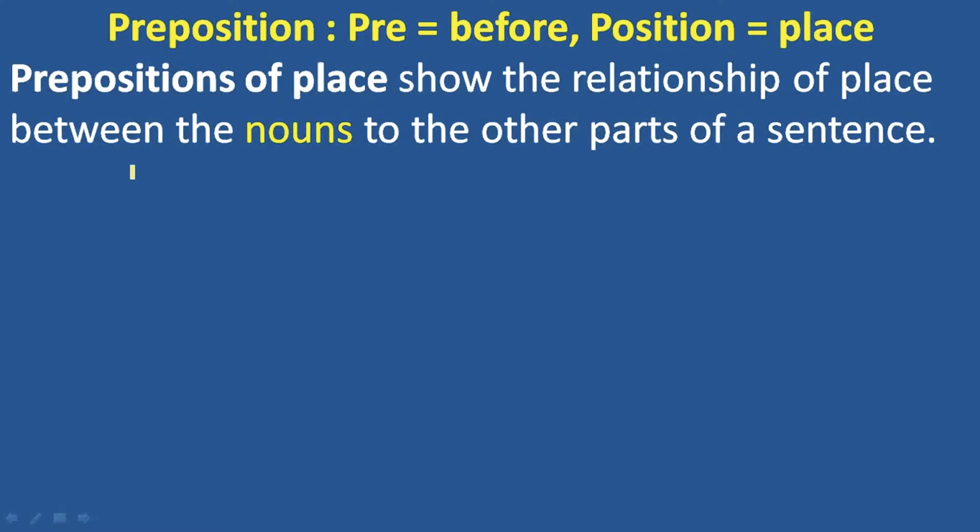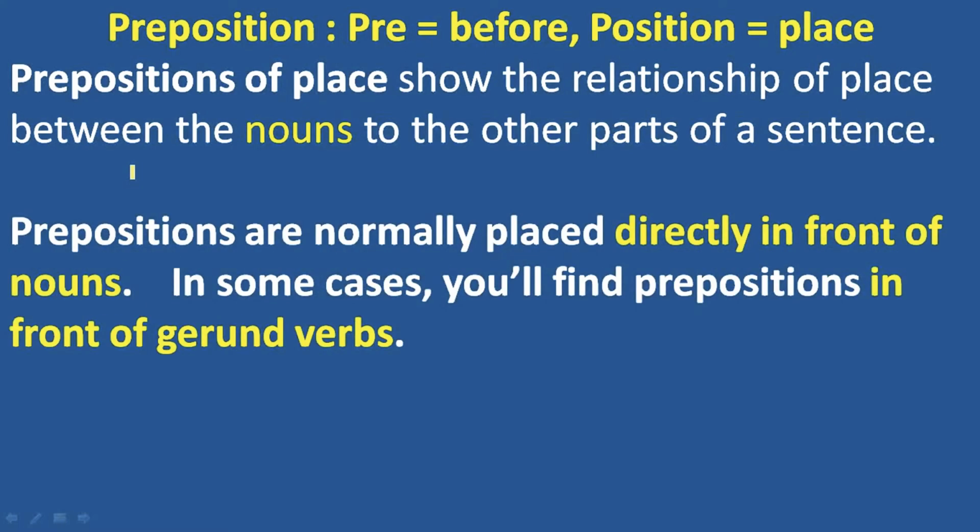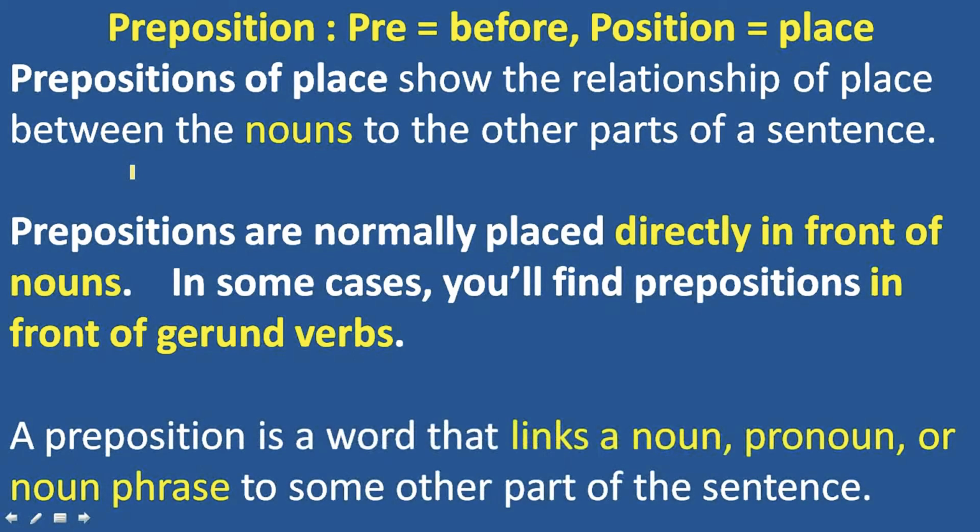The preposition always places before a noun. Next definition, it focuses on the noun, that is, directly in front of a noun. As it is a noun, it will also place noun-like words, for example, noun, pronoun or noun phrase.